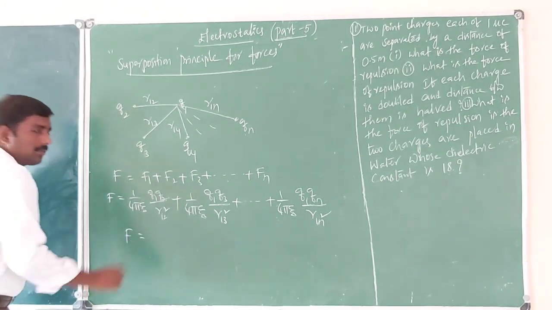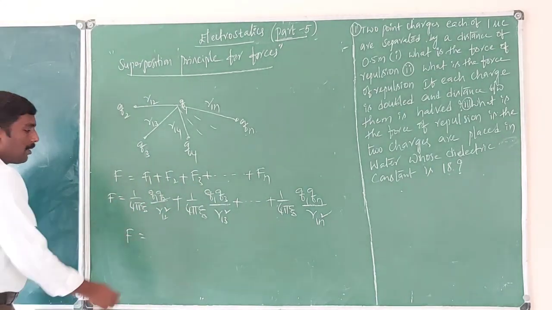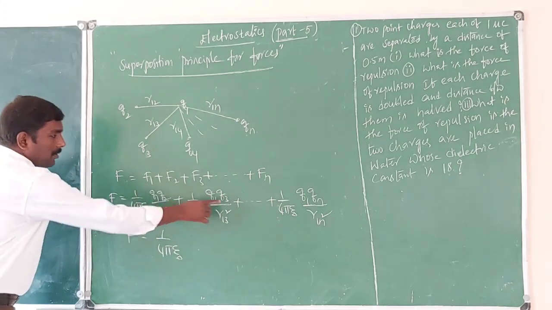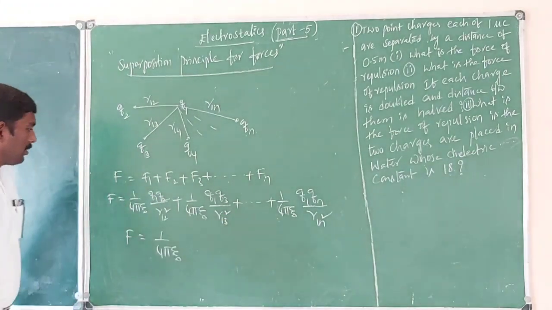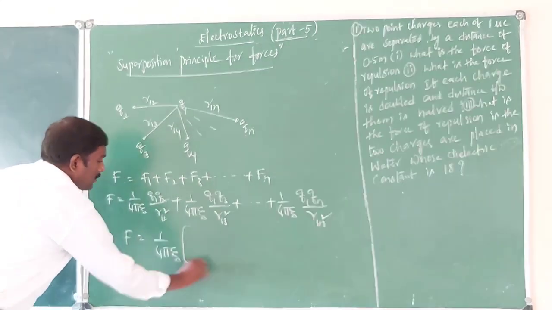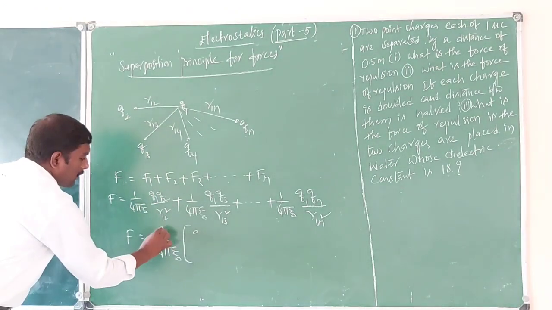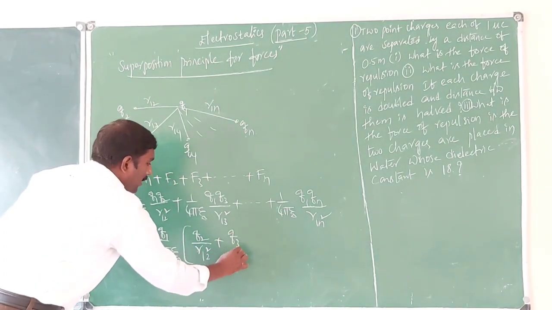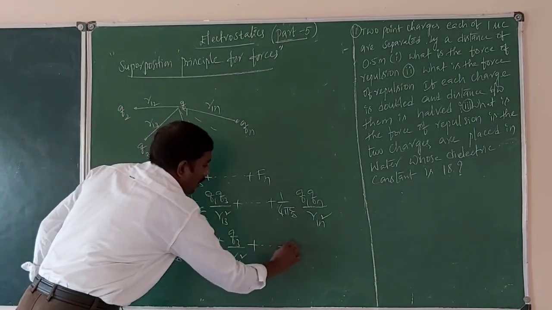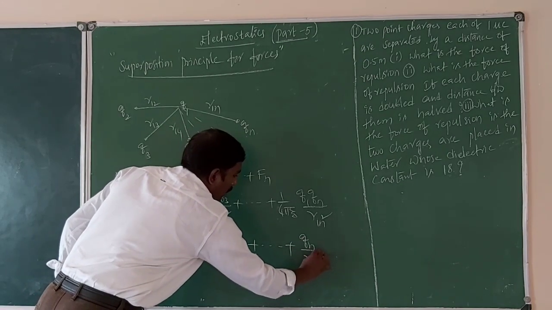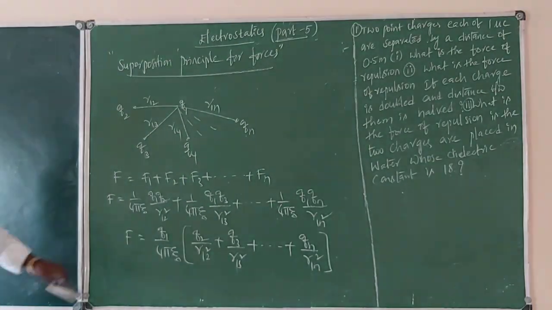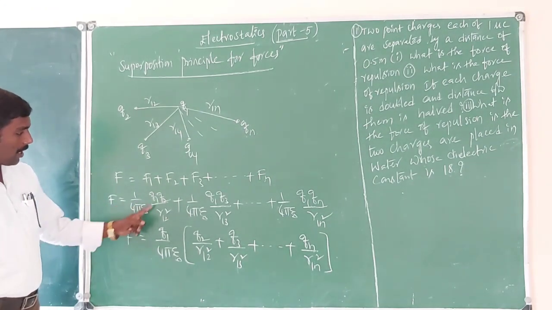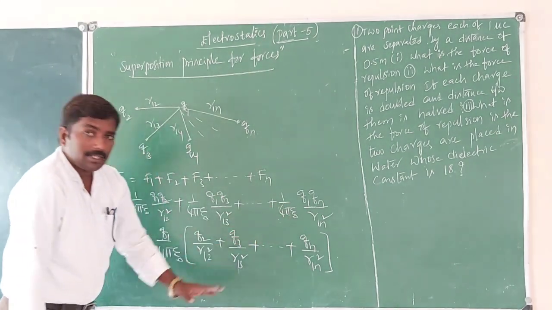So, combining all this, F is equal to summation. 1 by 4 pi epsilon naught is the constant and the common factor in all equations. q1 is also a common factor.